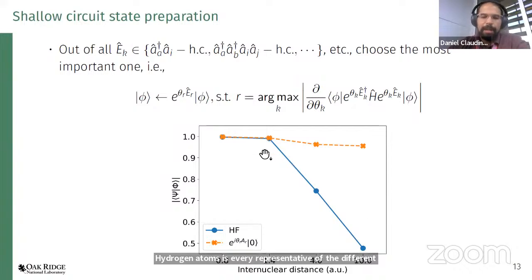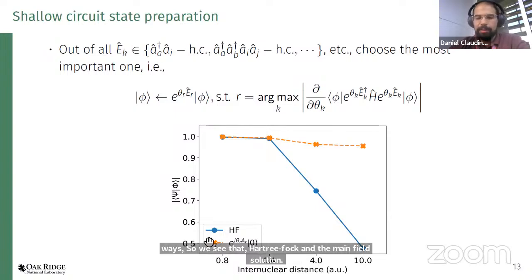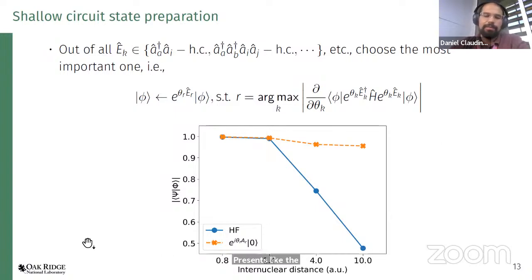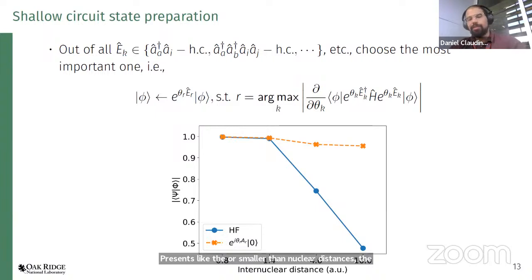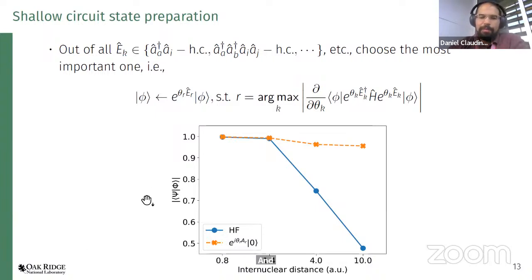So we see that the Hartree-Fock mean field solution presents, for smaller nuclear distances, an overlap that is fairly decent, but then it goes down pretty rapidly. And when you start stretching the molecule, the overlap with the ground state is quite small. That means it would require going much higher in the moment expansion.